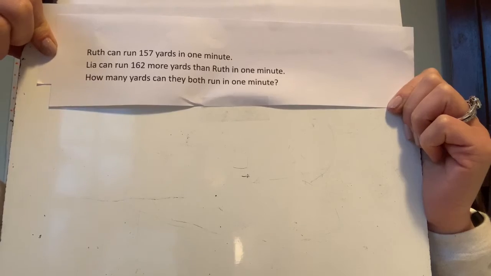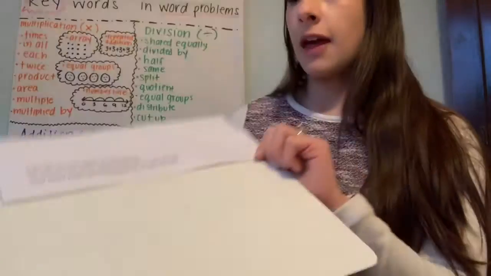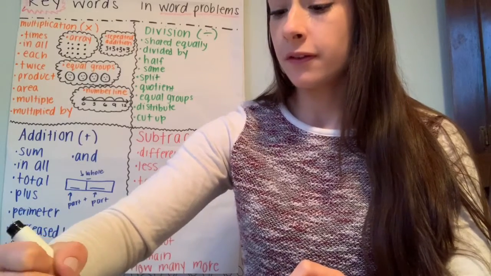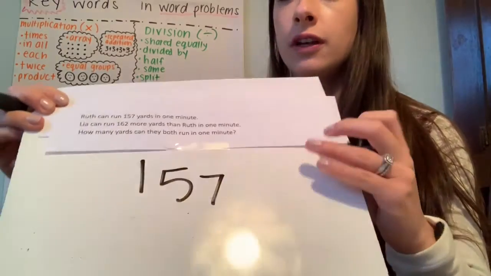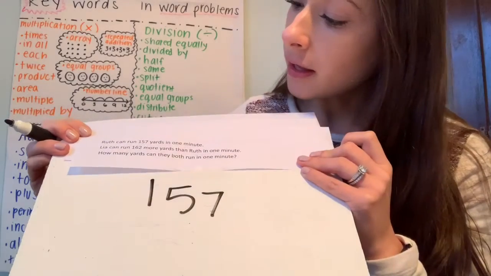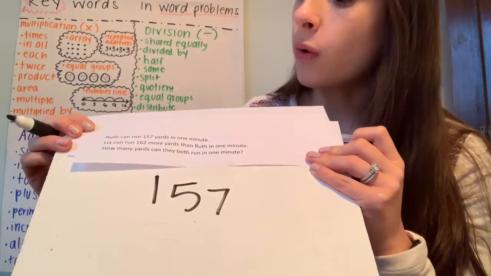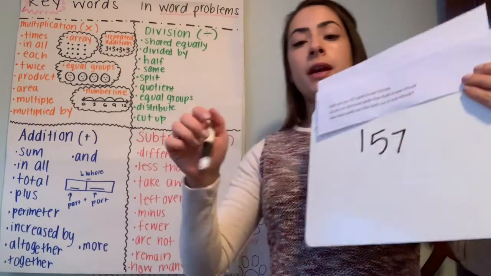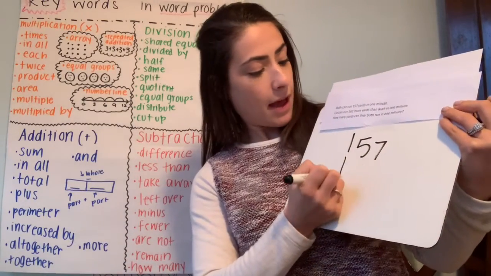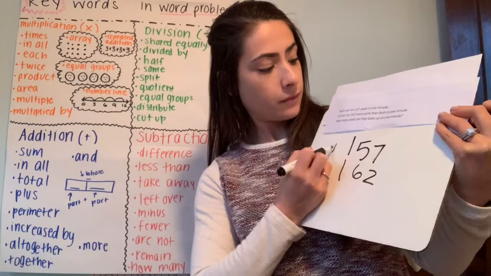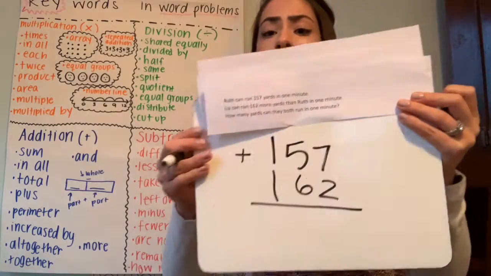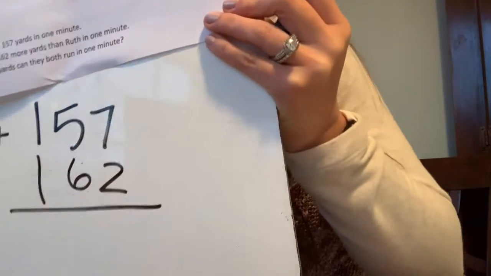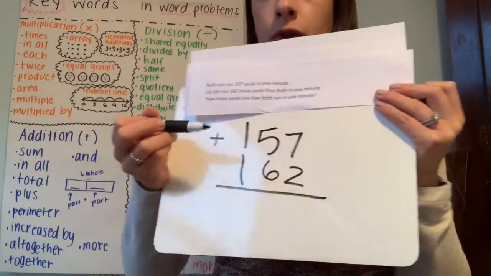So we know that Ruth can run 157 yards in 1 minute. If Leah can run 162 more tells me I'm going to add. If it says how many can they both do together, that tells us we're finding the total.